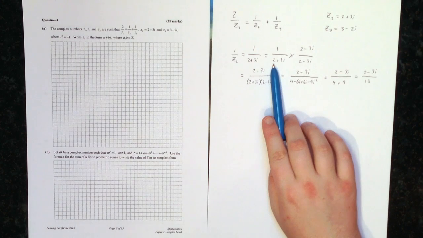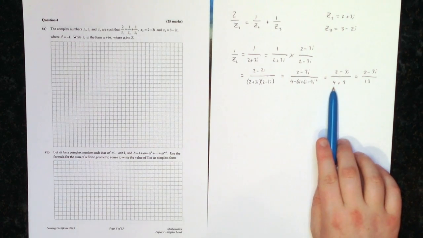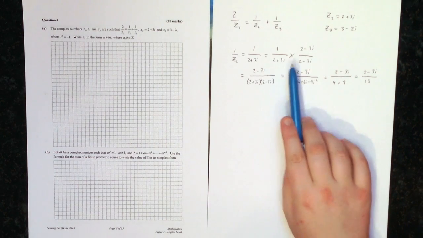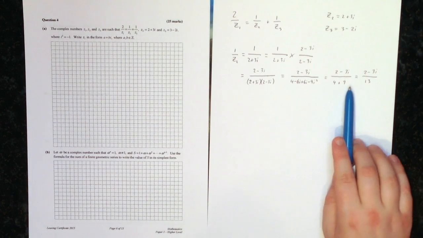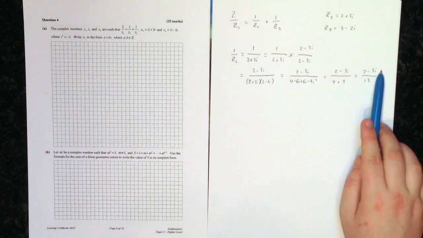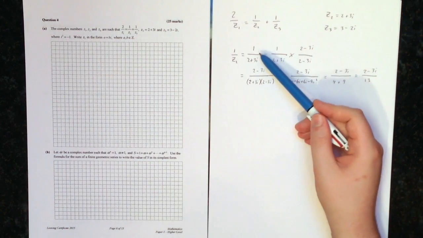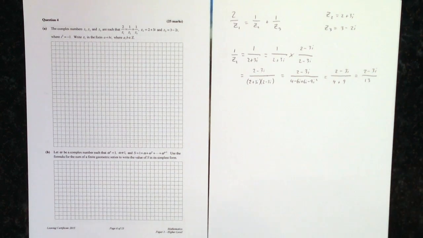So the real part is 2, and when we multiply them together, we got 2 squared, which is 4. The imaginary part is 3, so we got 3 squared, which is 9. So we've written 1 over z2 as a complex number divided by a real number, instead of a real number divided by a complex number. And this number is much easier to work with, as we will see in a minute.